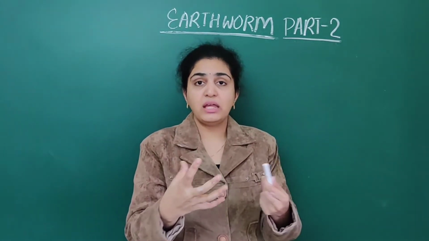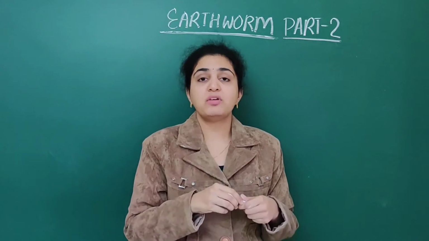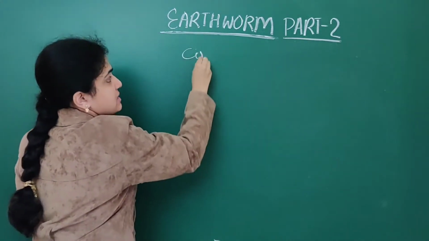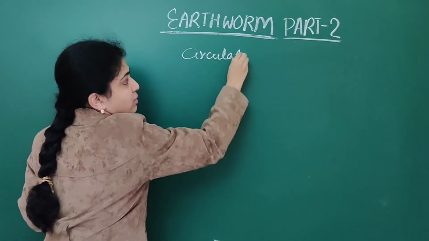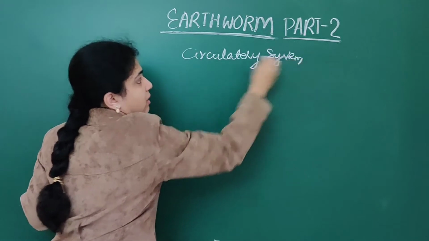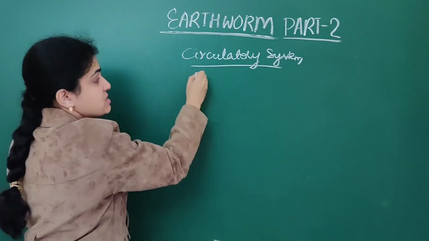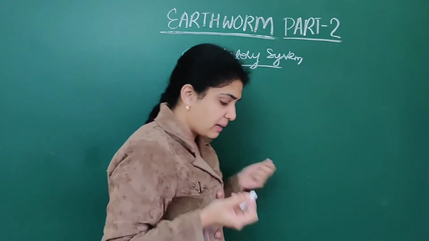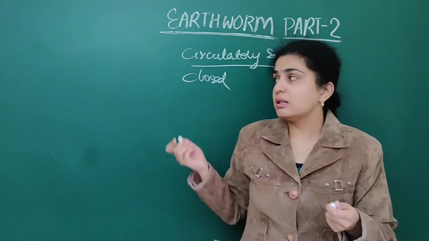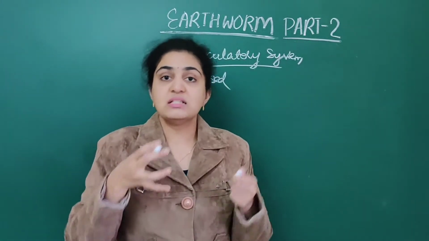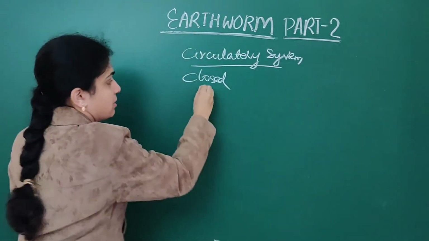Next we are going into the main topic, the circulatory system of the earthworm. The earthworm exhibits a closed type of circulatory system. What does closed type mean? Here the blood flows through the heart, blood vessels as well as capillaries.